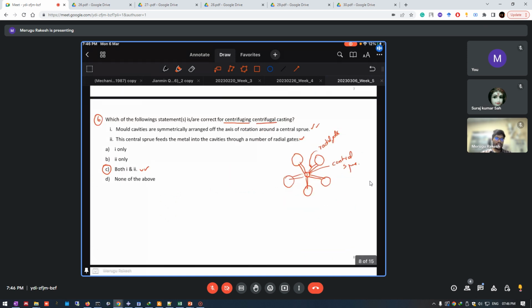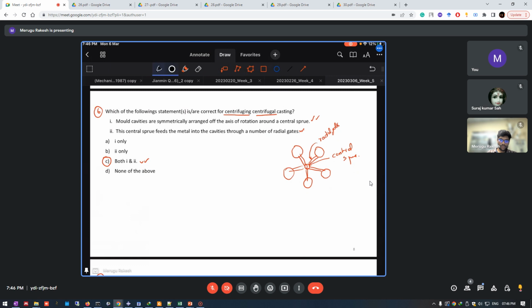Then we have different types of centrifugal casting: one is true centrifugal, then semi-centrifugal, then centrifuging. In centrifuging we have a central sprue and radial gates, as I have shown here, and these are used for symmetrically arranged cavities.